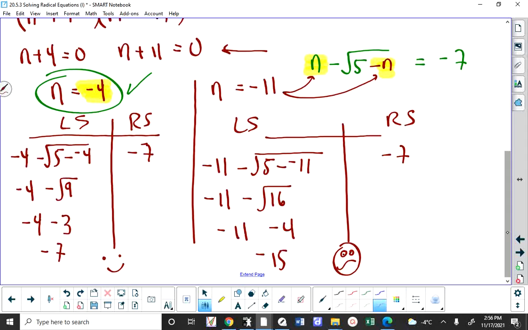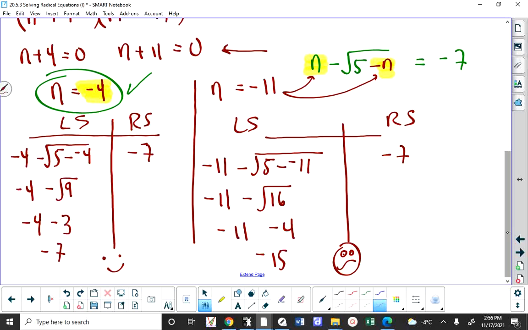We did not do anything wrong. We didn't make a mistake in arriving at negative 11 as an answer. But that doesn't change the fact that negative 11 doesn't work.